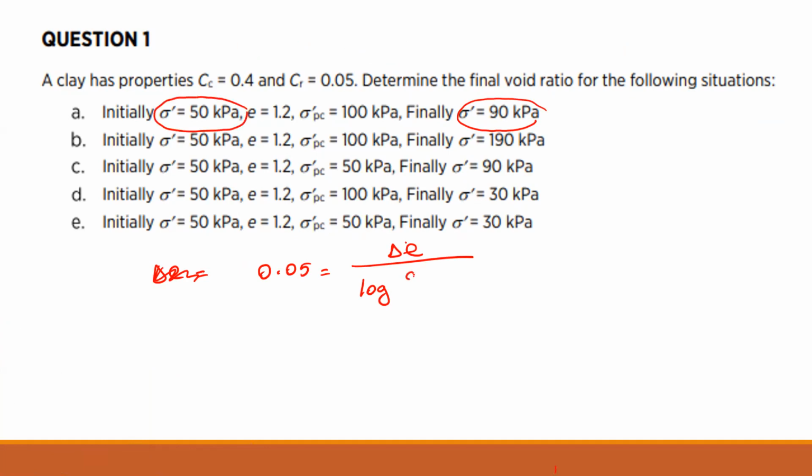So I can write like this. Do you agree with me? Can we write like this? Log something minus log something, you can write it as a division, isn't it? So delta E is equals to 0.05 times log of 90 divided by 50. So you can find the delta E.